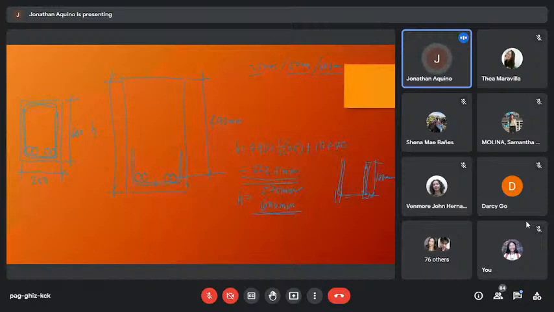Then, i-check mo ngayon kung more than siya sa minimum requirement ng code. So, ano ba yung minimum requirement ng code? So, square root of f'c over 4 fy or 1.4 over fy.